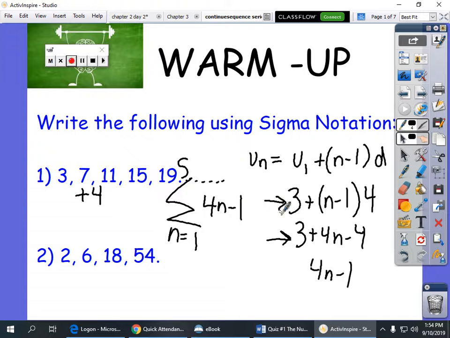Now, technically, all three of these are correct answers. For arithmetic, I would prefer this one. Technically, all three of these are correct, though, okay? Yes, ma'am. N equals 1. So it's always n equals first term, fifth term.